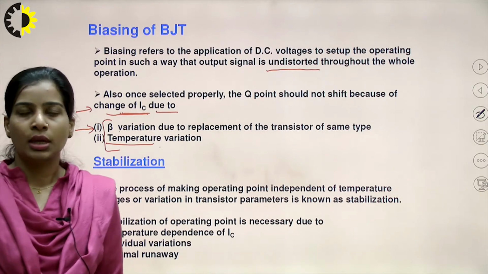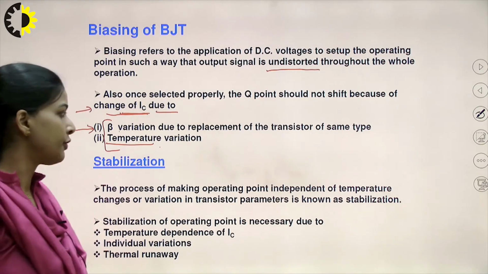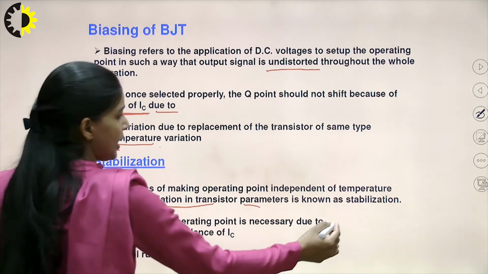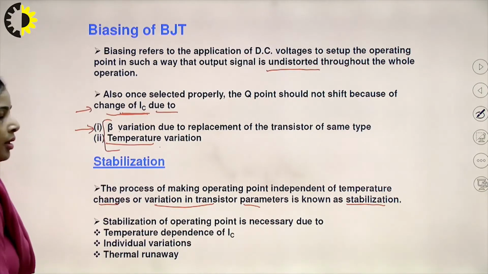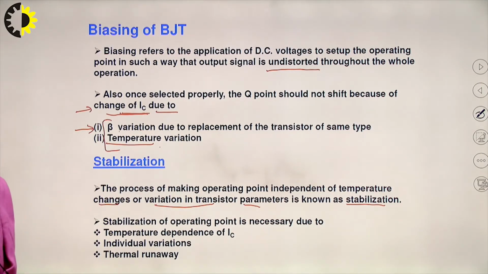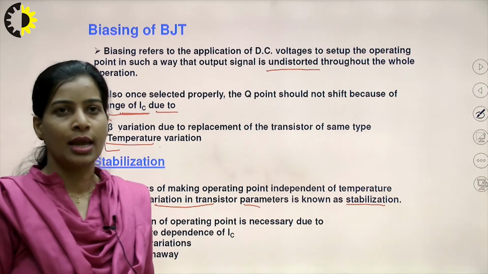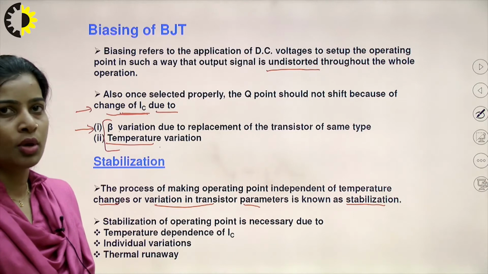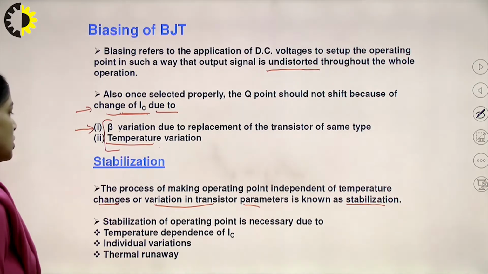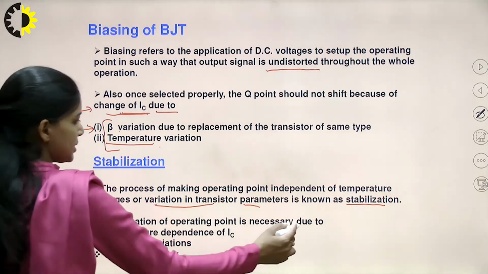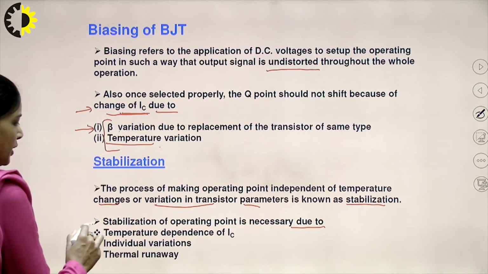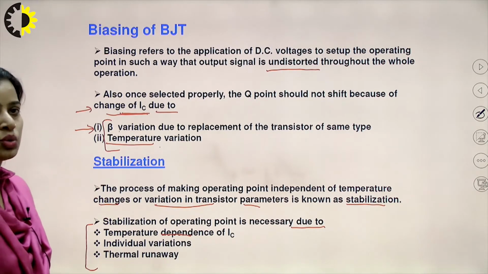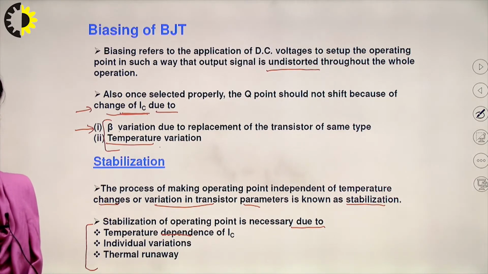The process of making the operating point independent of temperature changes or the variation in the transistor parameter is known as stabilization. So, stabilization is the process in which we try to stabilize the value of current IC that is dependent upon the beta and the temperature. Stabilization of operating point is necessary due to the temperature dependence of IC, individual variations and thermal runaway.